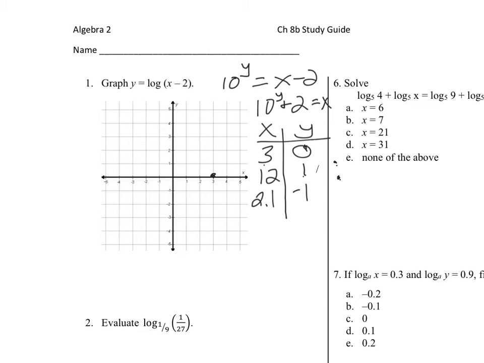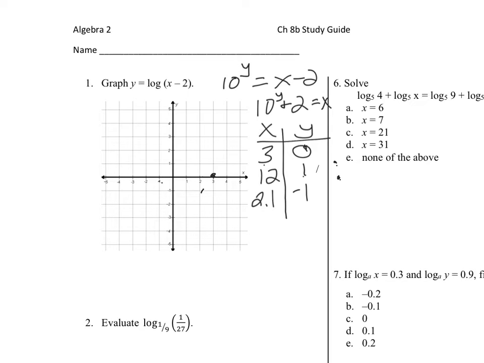Okay, but negative 1 is 2.1. Negative 1. Oh, I'm sorry. I was thinking this wrong.